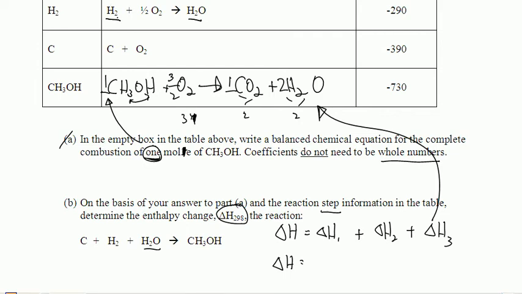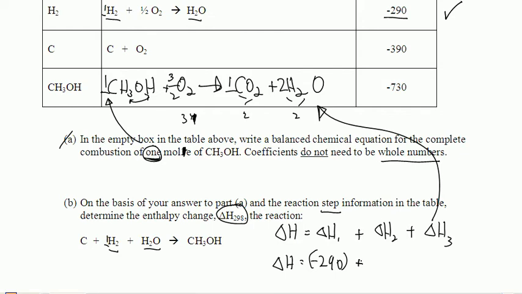H2 shows up in the top reaction and nowhere else, and it actually shows up in the bottom reaction as well. Notice there is 1 mole here and there is 1 mole here, and they are both reactants. So we are going to keep this value at negative 290. We finished that one. We're going to move on.